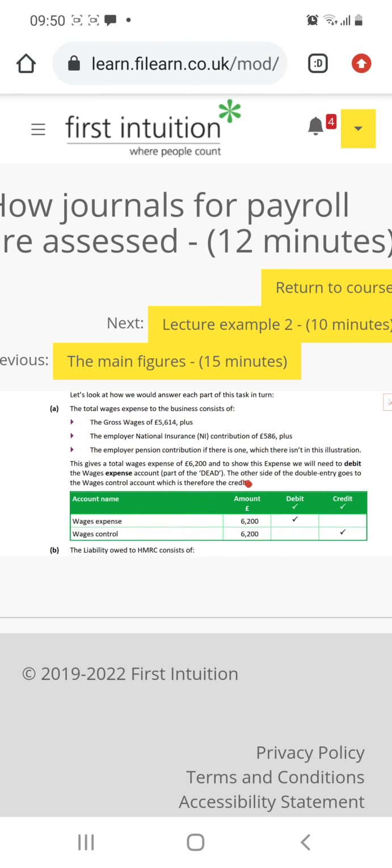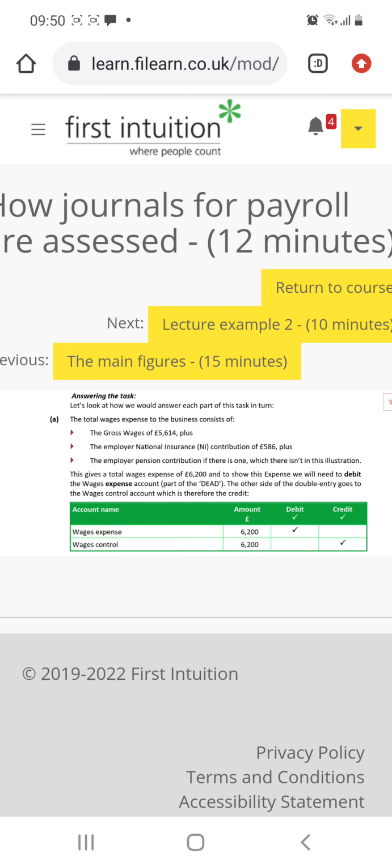Remember, the total wages expense for the business should consist of a few things. Number one, gross wages, which per the table is listed as 5614. It should also include any employer's national insurance contributions, which from the table is the 586. And it would include any employer pension contributions.